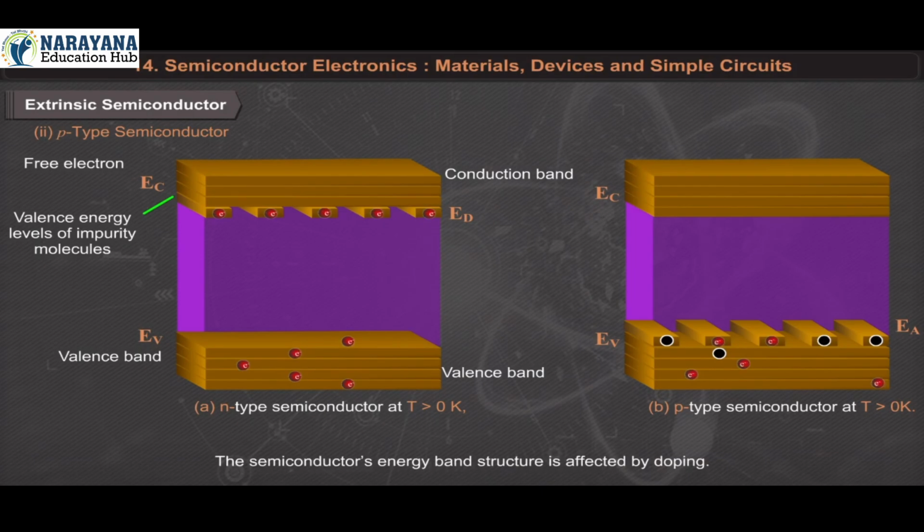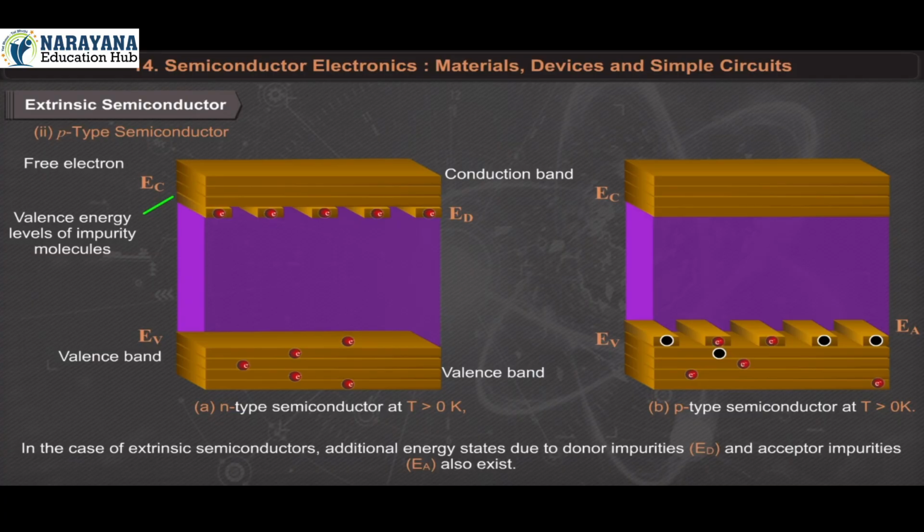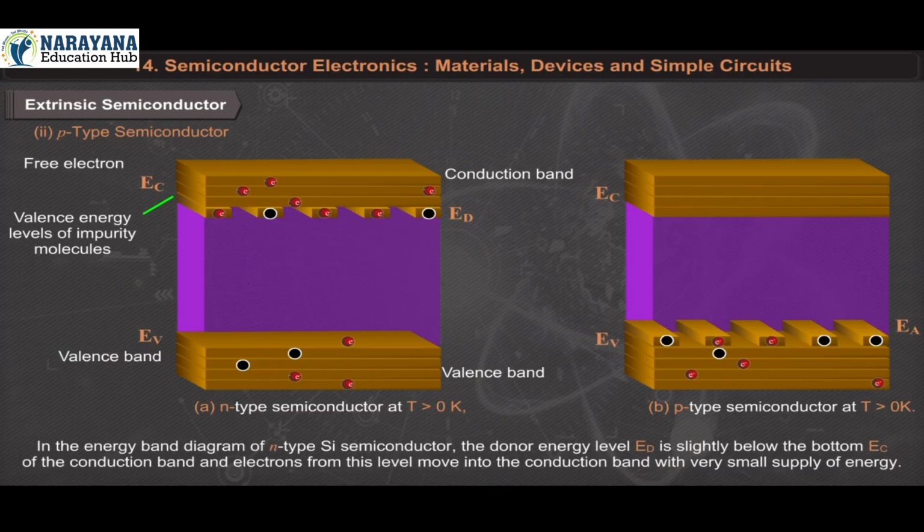The semiconductor's energy band structure is affected by doping. In the case of extrinsic semiconductors, additional energy states due to donor impurities, that is ED, and acceptor impurities, that is EA, also exist. In the energy band diagram of N-type silicon semiconductor, the donor energy level ED is slightly below the bottom EC of the conduction band, and electrons from this level move into the conduction band with very small supply of energy.